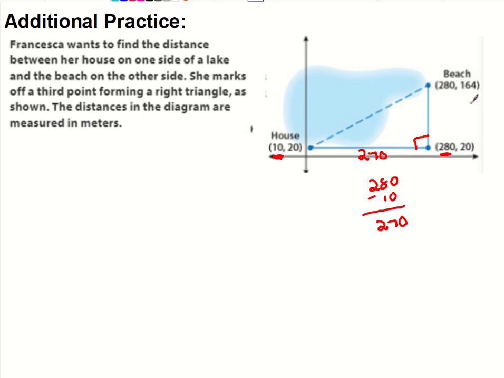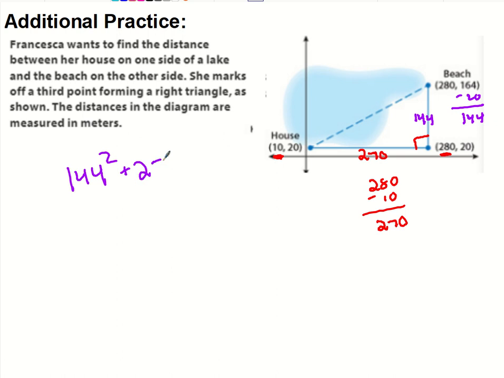We're going from 20 to 164. So I can subtract 20 from 164, and I get 144. So this leg is 144. Sometimes you might have to subtract the x values or the y values to find the legs. Now that I have that, I can use Pythagorean theorem.